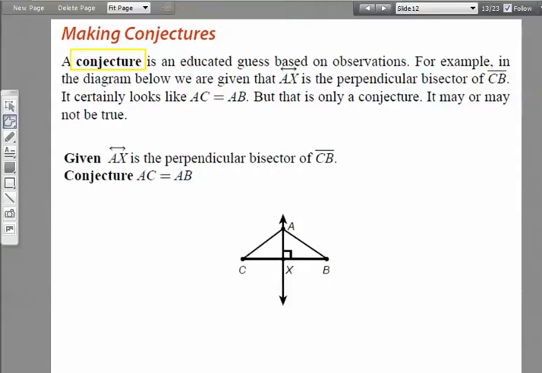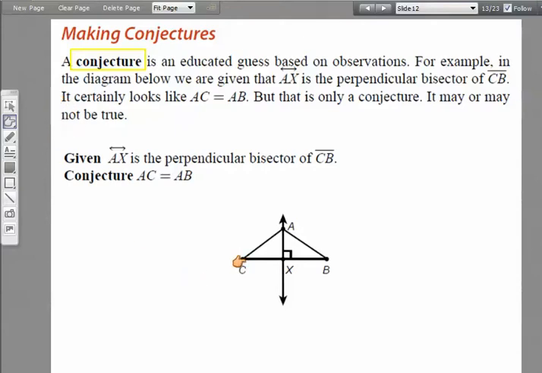So we've already defined it, and it says, for example, in the diagram below, we are given that line AX is the perpendicular bisector of segment CB. It looks like AC equals AB, but that is only a conjecture. It may or may not be true.